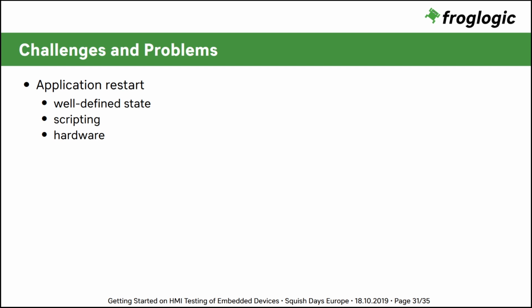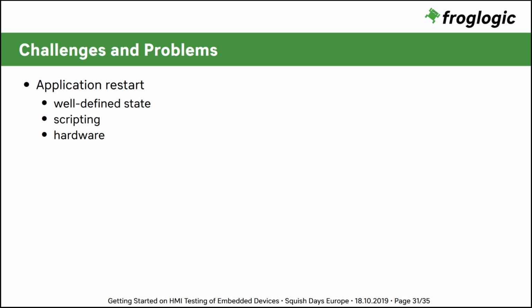It wouldn't make sense if one test changes the state of the application and that affects other tests. That can of course be done through a little bit of scripting. Before you execute your tests, you have to see where your application is and bring it into a new, very well defined state.